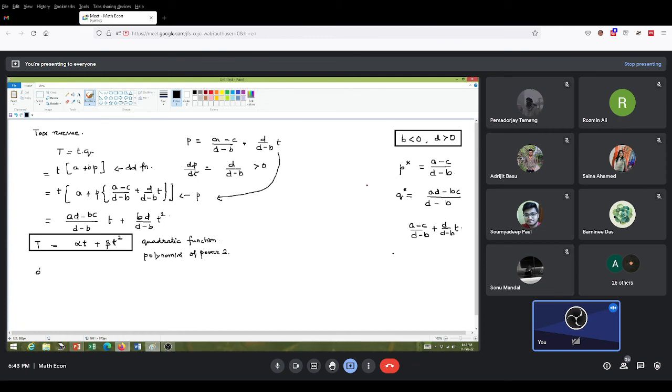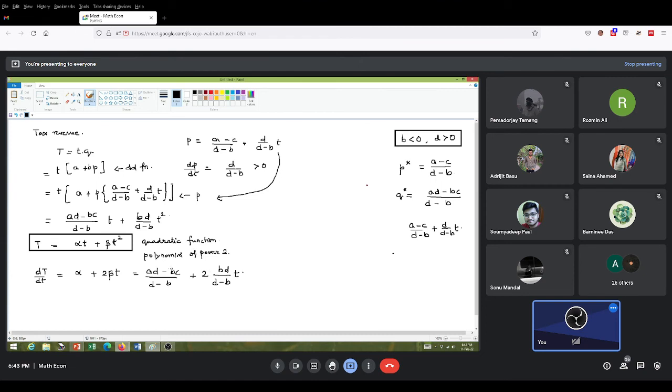So if you differentiate, see all these are positive, you are going to get alpha plus 2 beta t. Now alpha is ad minus bc by d minus b, and I'm putting in beta over here.